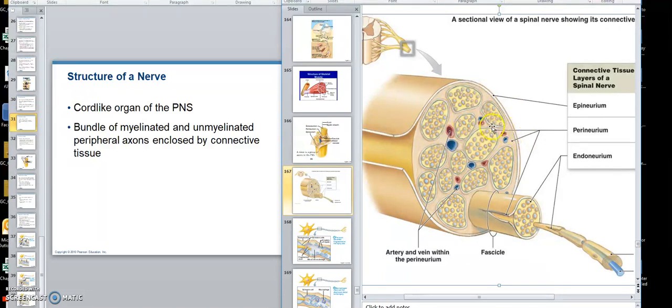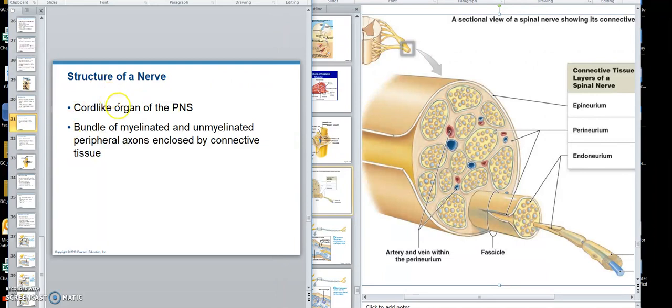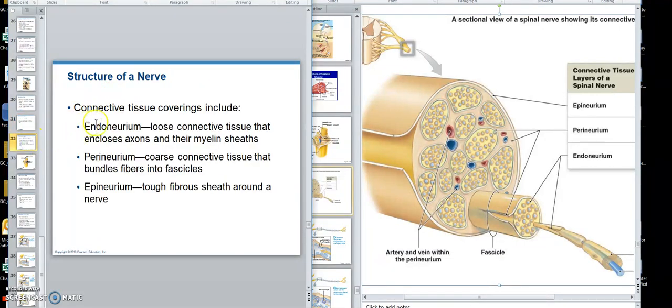Fascicles would have a perineurium, and each individual axon, see here the Schwann cells, would have an endoneurium. So it's really the exact same. We're taking it right off the spinal cord, that spinal nerve. Remember we had 31 spinal nerves? So again, structure of a nerve: cord-like organ, connective tissue coverings, endoneurium around each axon, perineurium around the fascicle, and epineurium around the whole nerve itself. Okay?